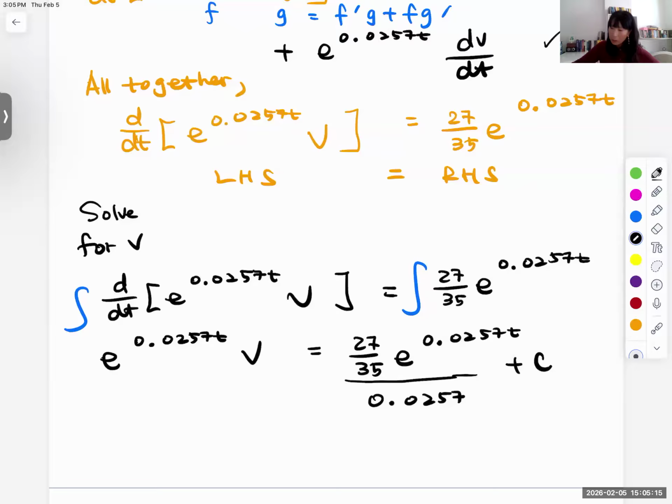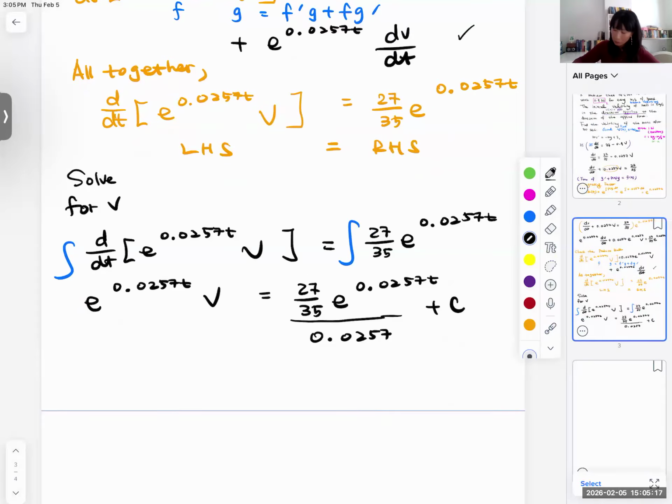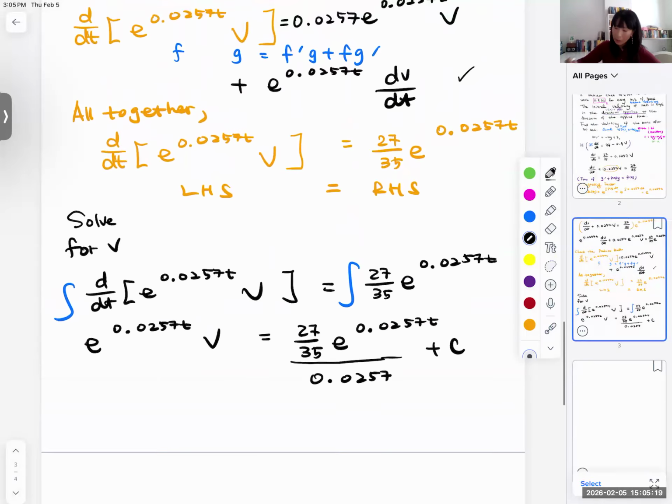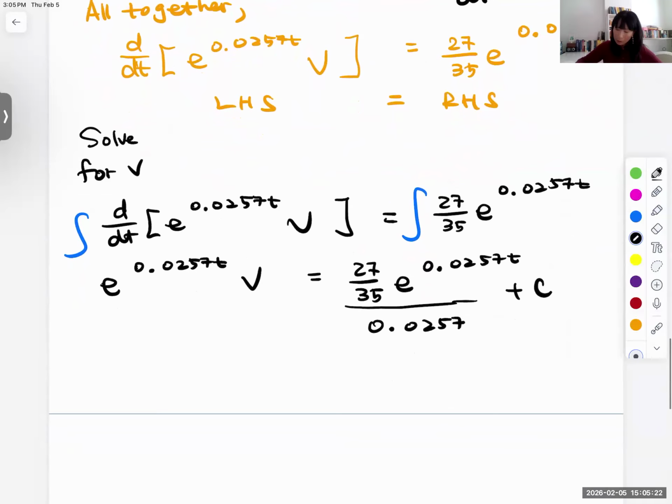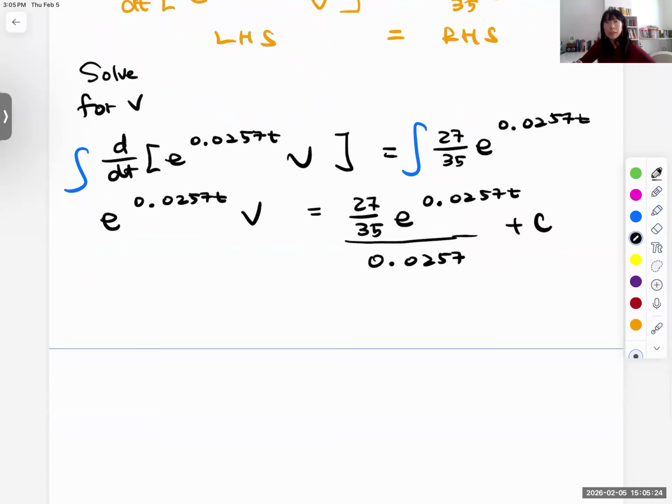Okay, now I need more pages. Sorry for that. But then let's calculate this number. So divide by 0.0257.